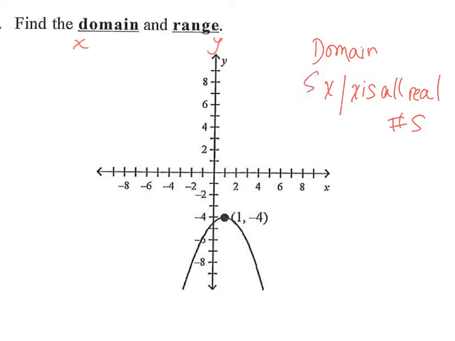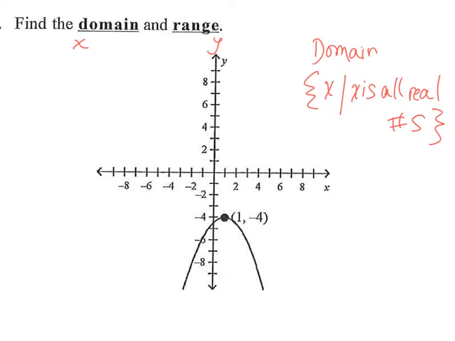That is the domain, if I wanted to put it in set builder notation like I learned about. If you say the domain is all reals, that is equally correct. For a parabola, the domain is always all real numbers.